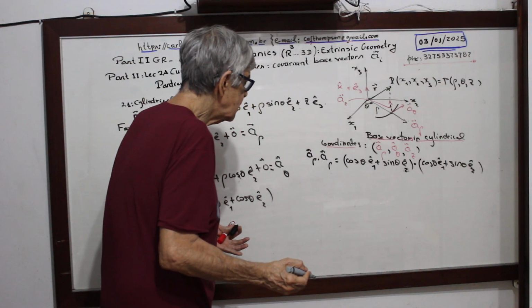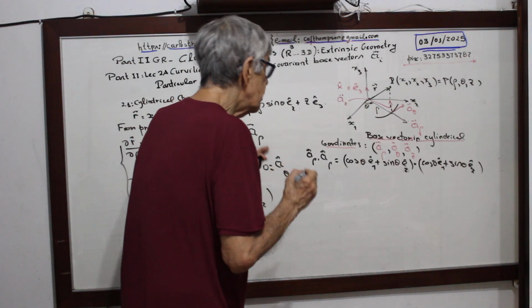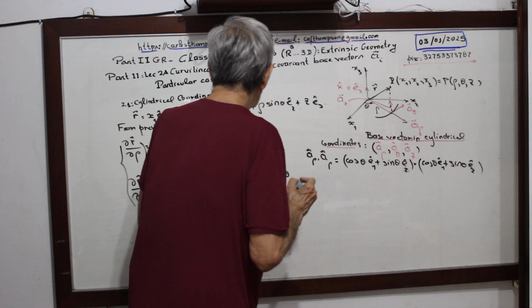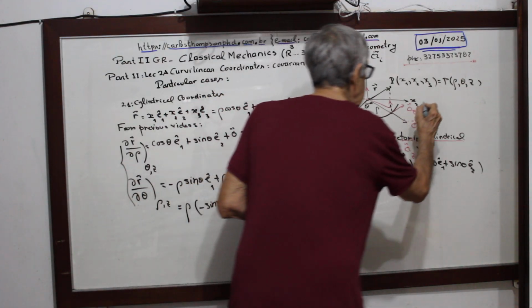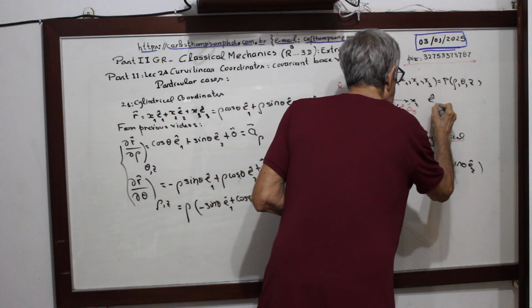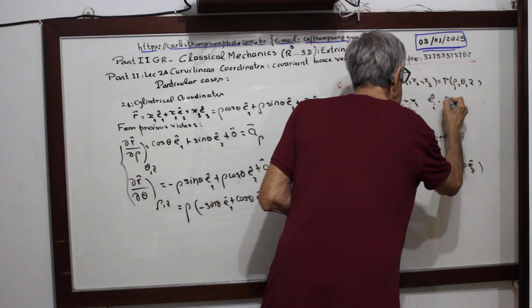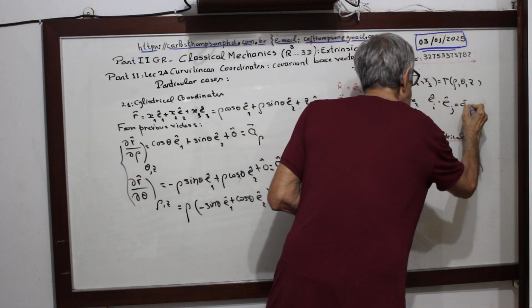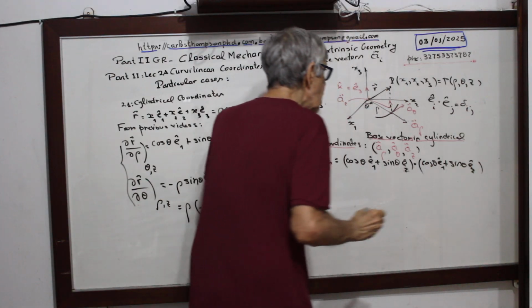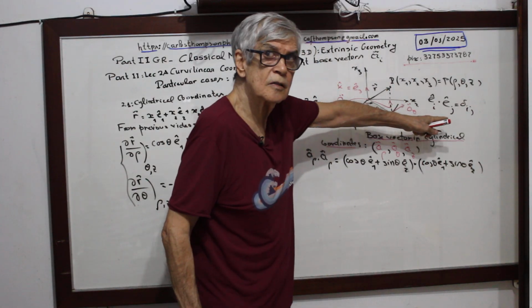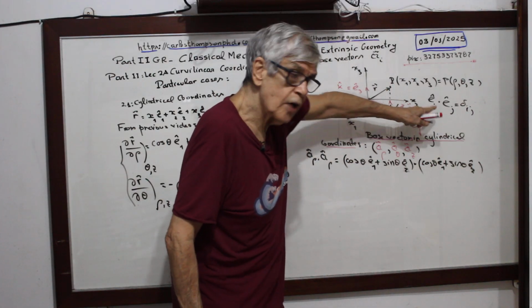It's easy, easy. Remember that, ei dot ej is delta ij. Remember all of this, because this belongs to the rectangular coordinates.